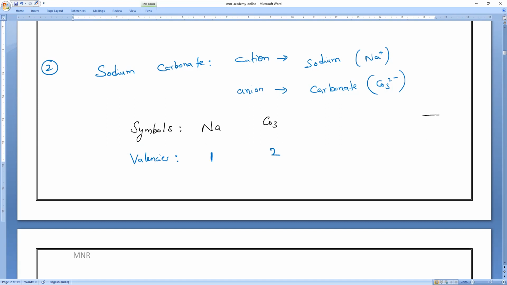Whenever polyatomic ions come while you are doing the crisscross method, note that this valency is not only for the last element, it is for the entire ion. That is what you have to remember. Here it may not matter, but you will understand with the next compound, so I'll teach you that next. So exchange it. What will happen, everybody?